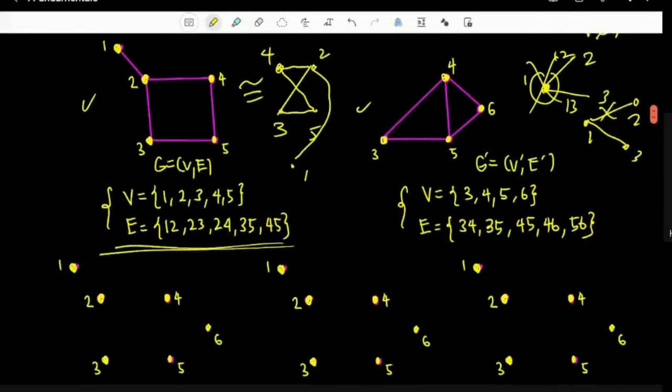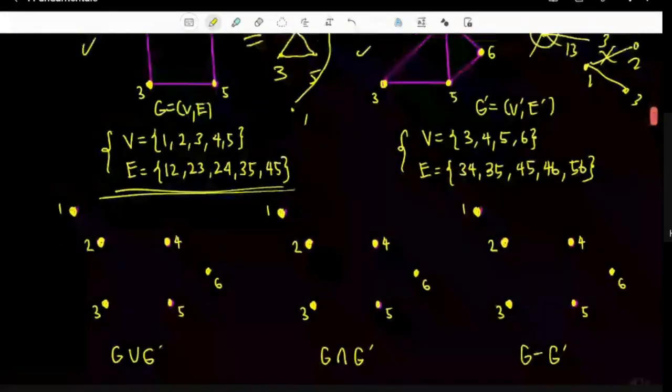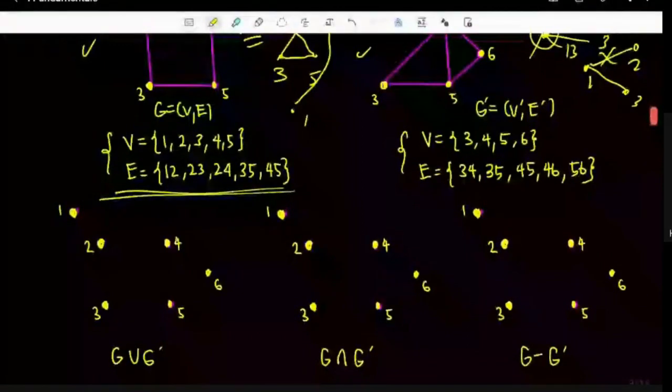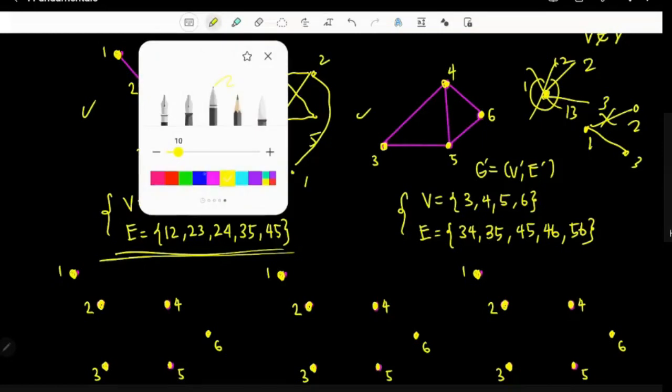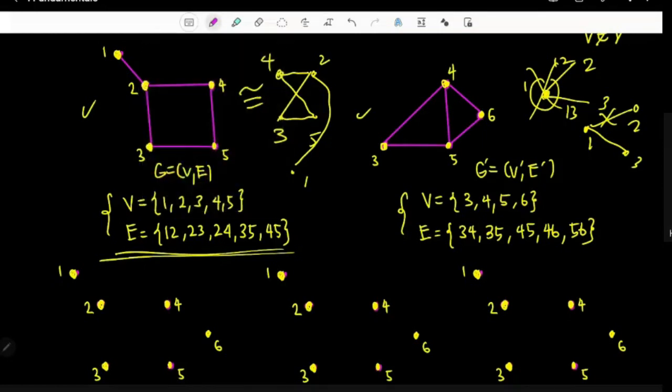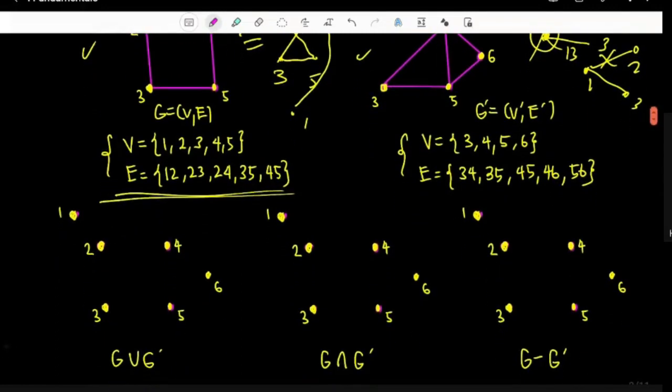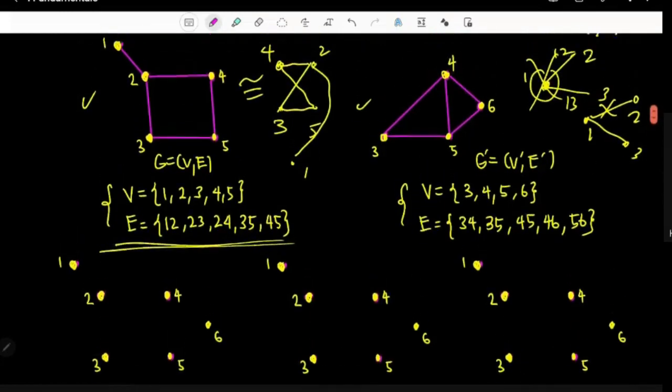Alright, anyway. So, let's find the union of the two graphs. How do we get the union? We simply get the union of the vertices and then the union of the edges. So this is the union of the vertices, 1, 2, 3, 4, 5, 6. And then you just draw the edges, the union of the edges. So on the first graph, I have an edge on 1, 2, right?